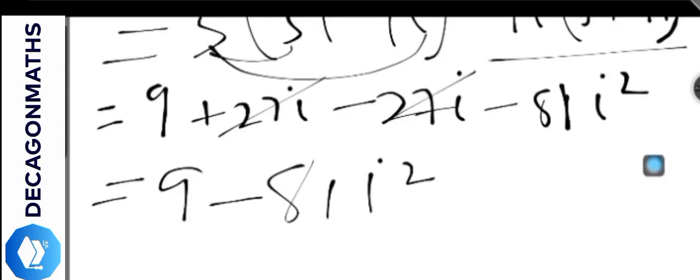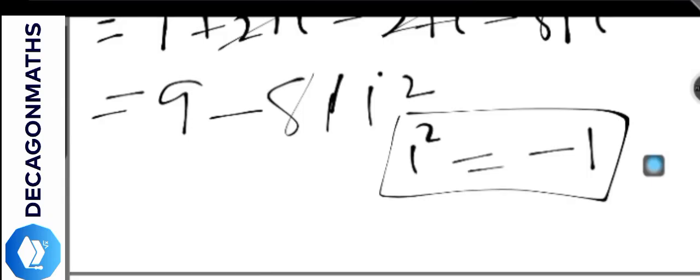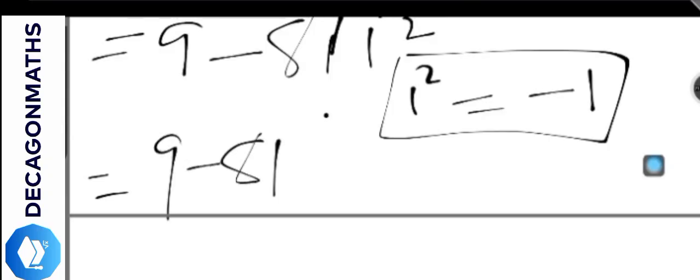And we know that i squared is equal to minus 1. So this implies that we have 9 minus 81 bracket minus 1.